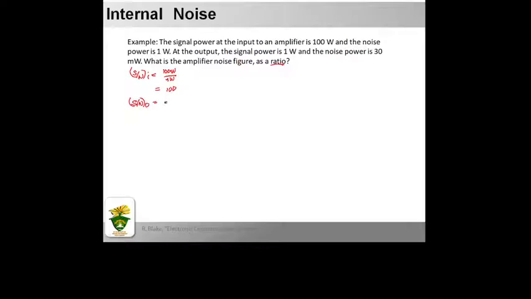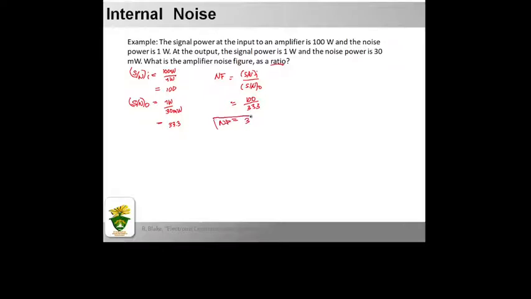So we have the signal of 1 watt over 30 milliwatt, so we have 33.3. Solving for the noise figure, we have signal to noise at the input over signal to noise at the output.